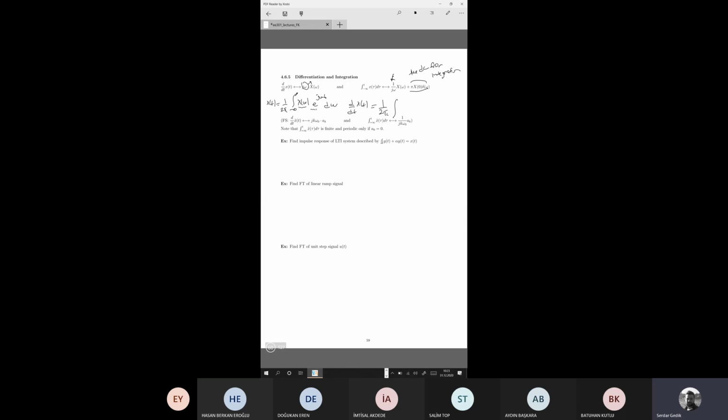The only term that depends on time is this exponential. If you derive this, it is j omega times e to the power j omega t. So I have j omega here, x of omega e to the power j omega t d omega. So if you compare, j omega x omega is the Fourier transform of d by dt x of t.